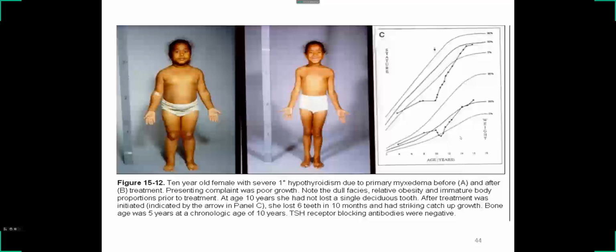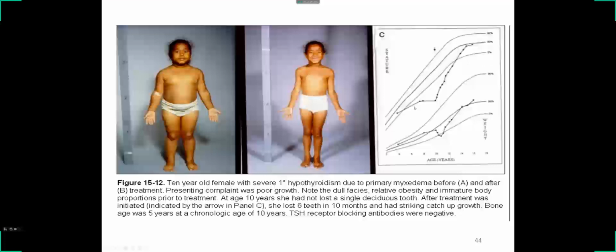As soon as she received thyroid treatment, which is shown here, the thyroid treatment started, okay? You can see this is her growth, it starts to plateau, and it was always below, very short, right? So here's 5% for those that can't see it.